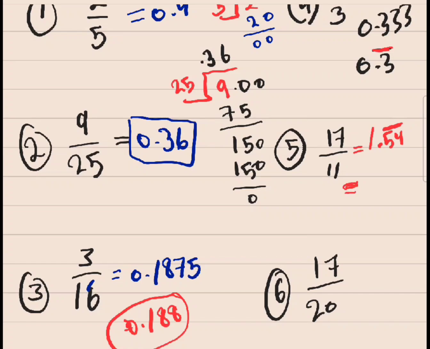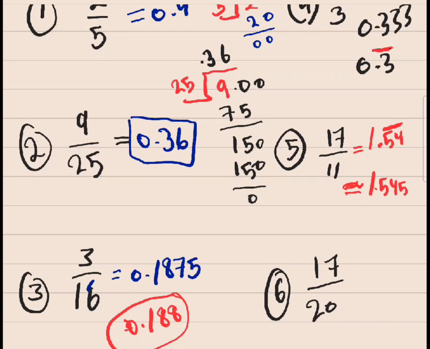That 4 says stay the same. So our rounded answer would be 545 thousandths. So 1 and 545 thousandths. Or we can use the bar method.